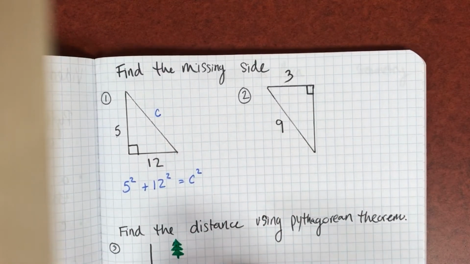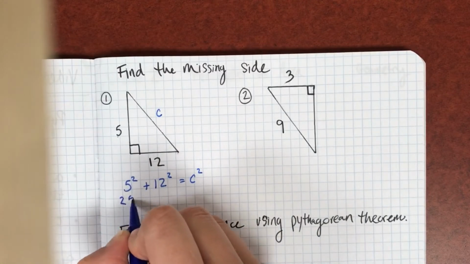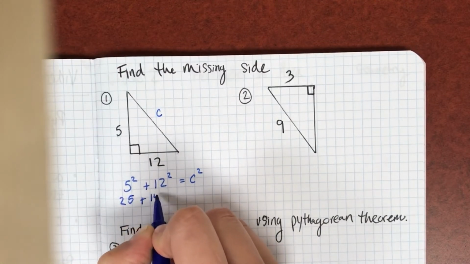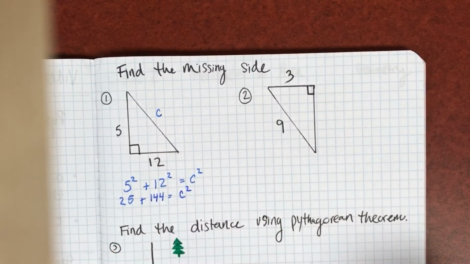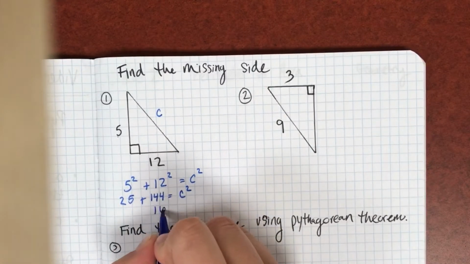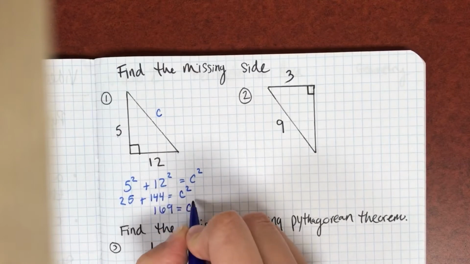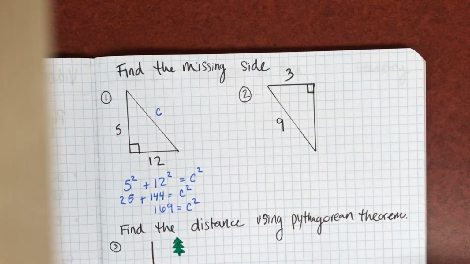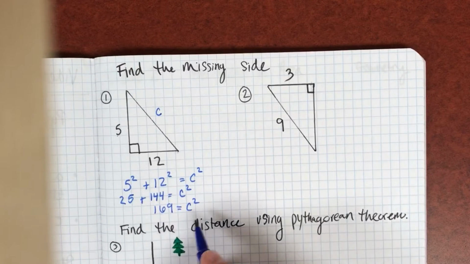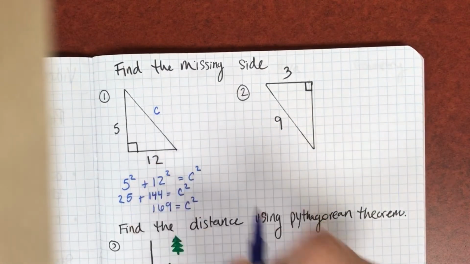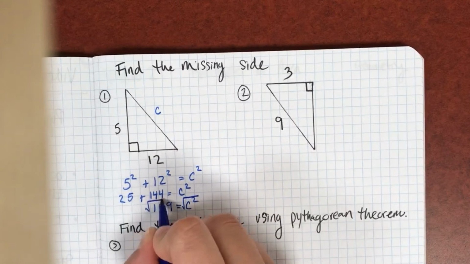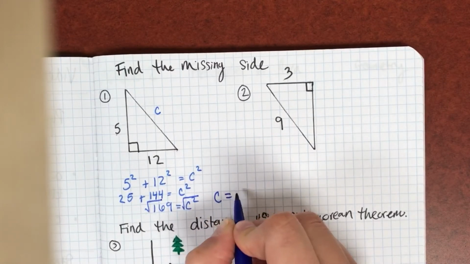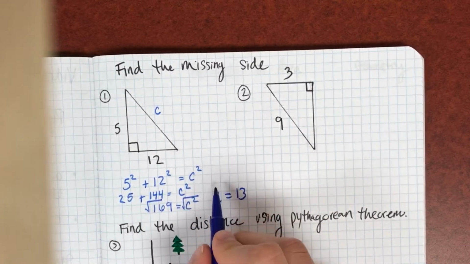All right, 5 squared is 25 plus 144 equals C squared. So we've got 169 equaling that. Okay, and we're not done yet. This 169 equals C squared. We just want to find the length of C. Okay, so when we square root both sides, we get C equals 13.